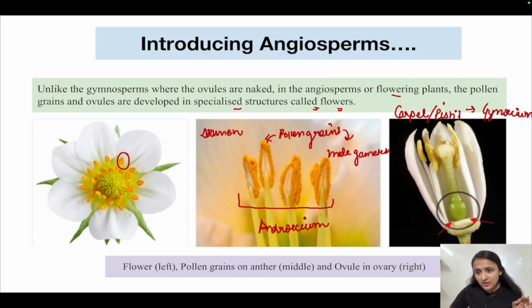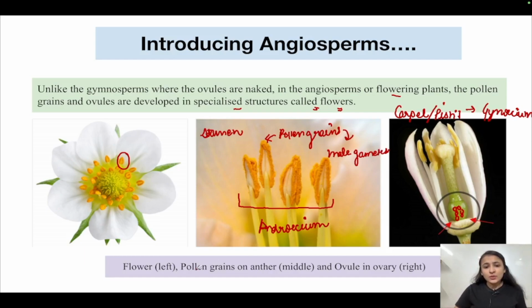So, this structure in the middle represents the pistil. At the base of the pistil is present the ovary, and inside the ovary is present the ovule. The ovule can be present in a single number or multiple numbers. These circular structures which I am drawing are the ovules.